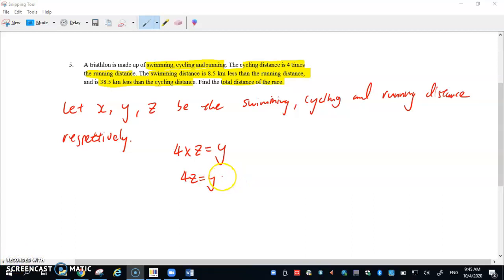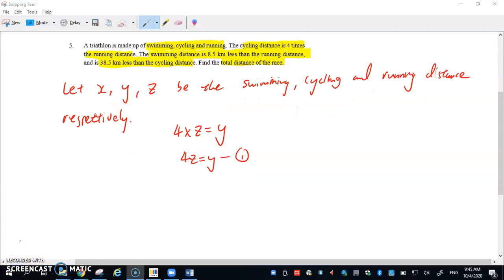So at this point I will label this as equation 1. At the same time, the swimming distance is 8.5 km less than the running distance. So in other words, we have z minus 8.5 equals x.